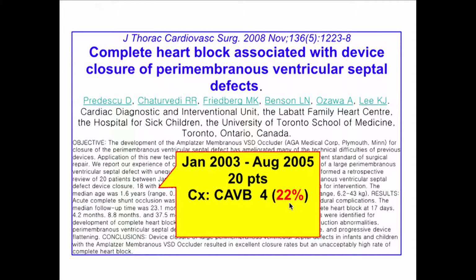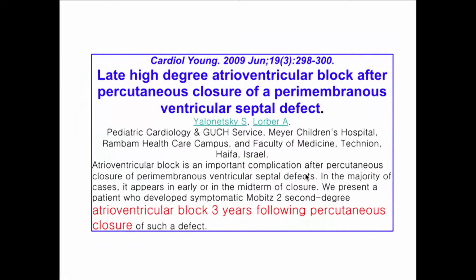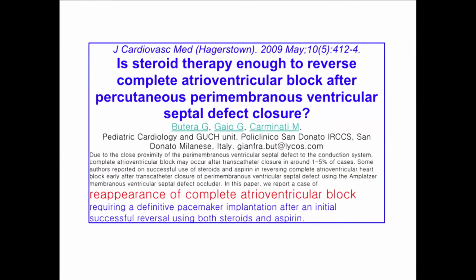It's very high, so they abandoned this procedure. Also, AV block may happen 3 years after the percutaneous closure, so we cannot predict the occurrence of the AV block in percutaneous closure of VSD using this device.